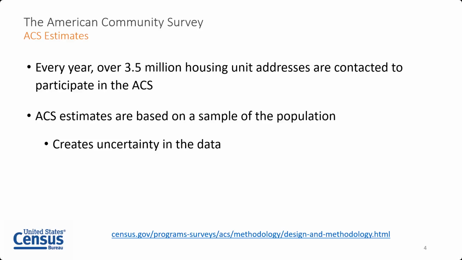These are only estimates and differ from those that would be obtained in a decennial census if we were to ask the question to everyone in the country. Also, an estimate based on a different sample of 3.5 million addresses could also differ. So this results in an element of uncertainty in the data. This is where MOEs, margins of error, come into play.